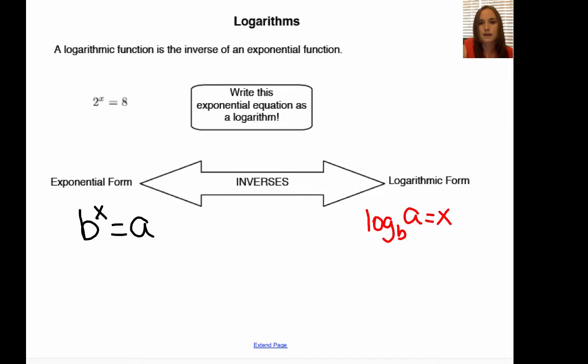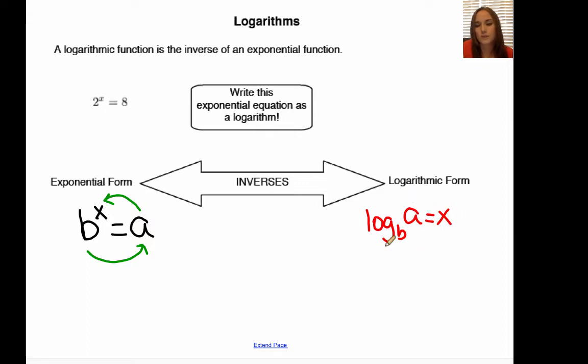Now some people say that they like to just remember the rotation in order to know where they put all of their values for a logarithm, and they start with b and they rotate counterclockwise, going from b to a and then a to x. So notice b, then a, then x.